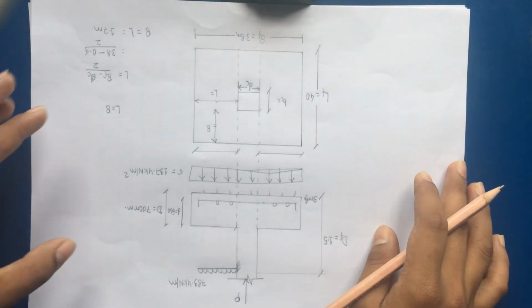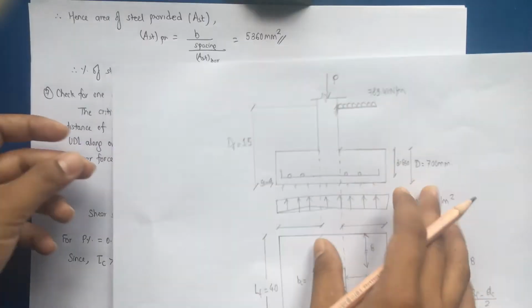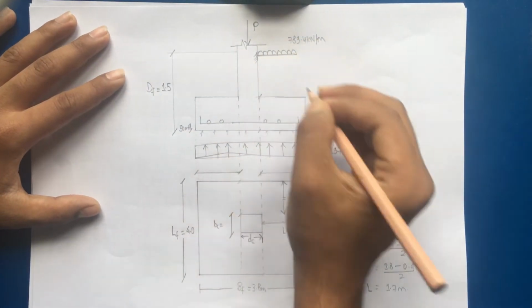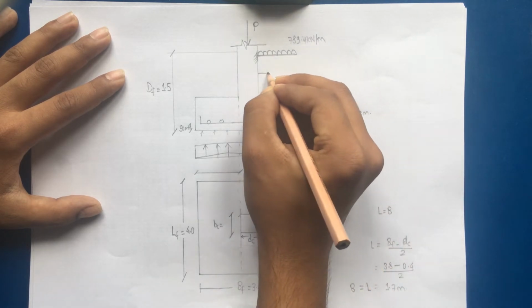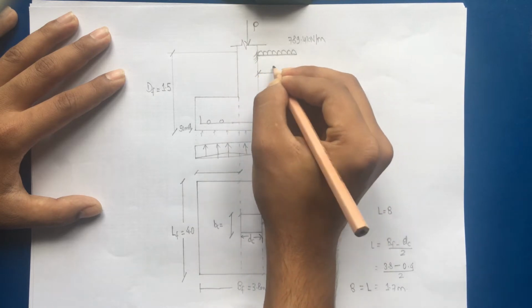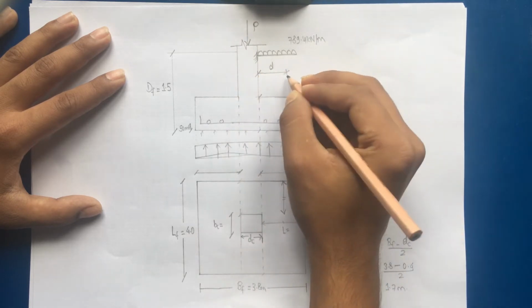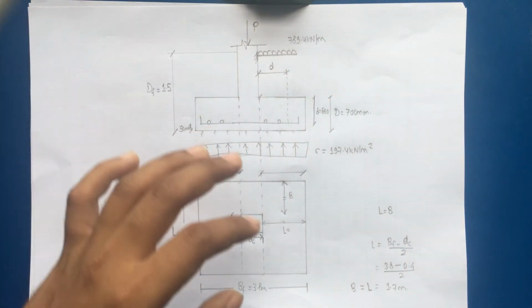The statement says that the critical section is at distance d, smaller d, that is the effective depth, from the face of the column. So if we see this as d, then the critical section is at this point.